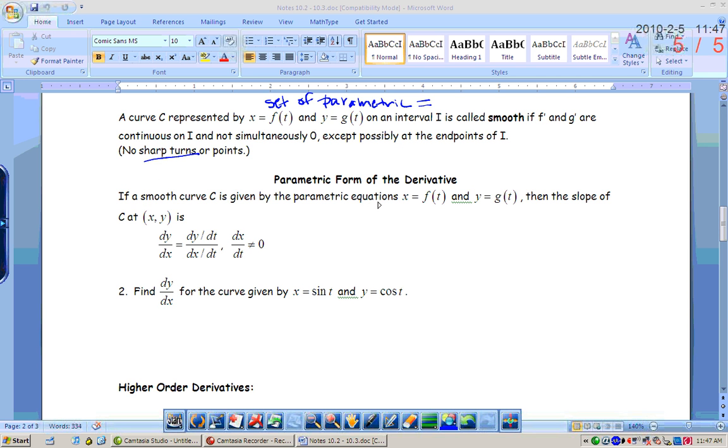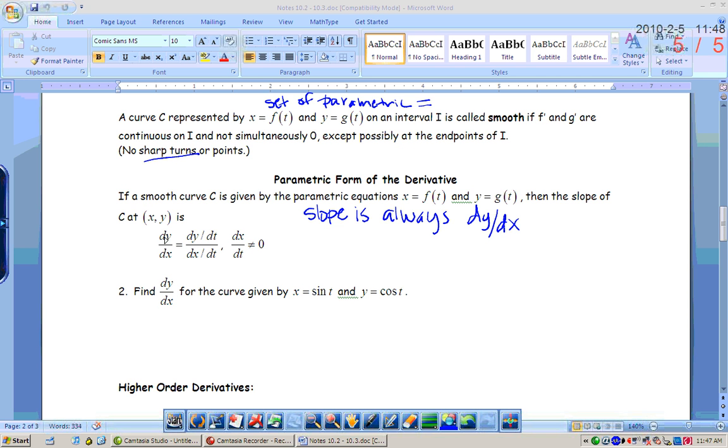All right, parametric form of the derivative. If we have x equals f of t and y equals g of t, then the slope of the curve at the point (x, y) is still given by dy/dx. Slope is always dy/dx. You're used to that.